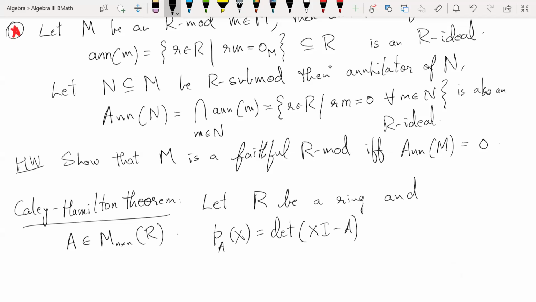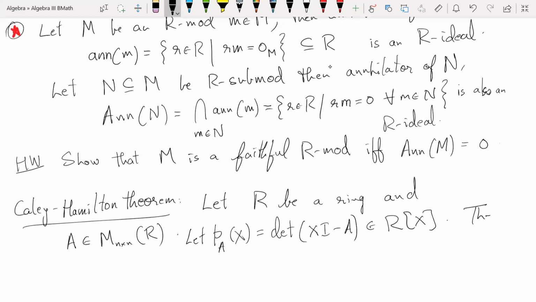I'll start this way, but in my notes I have A minus XI, but it doesn't matter. So calculation of the determinant involves ring operations, you just multiply things and add things. So this will give you an element of R[X].